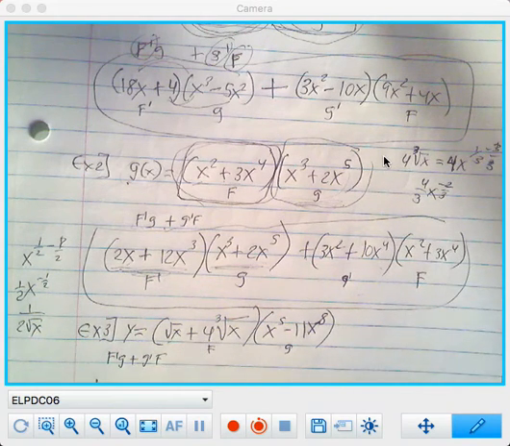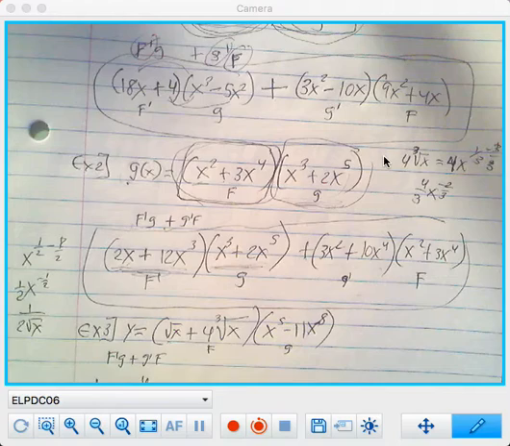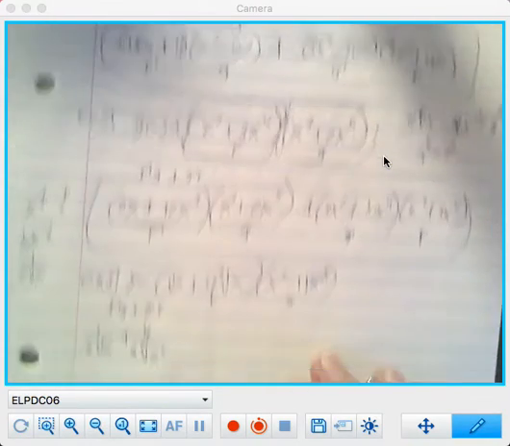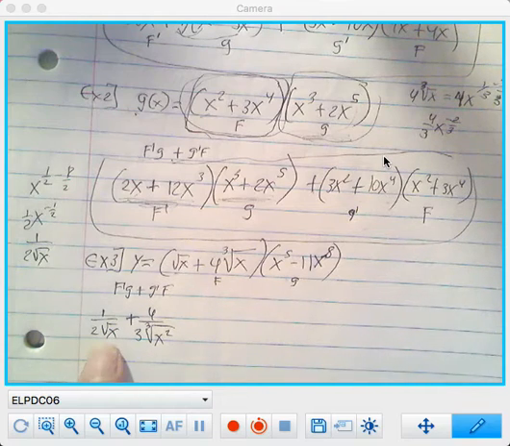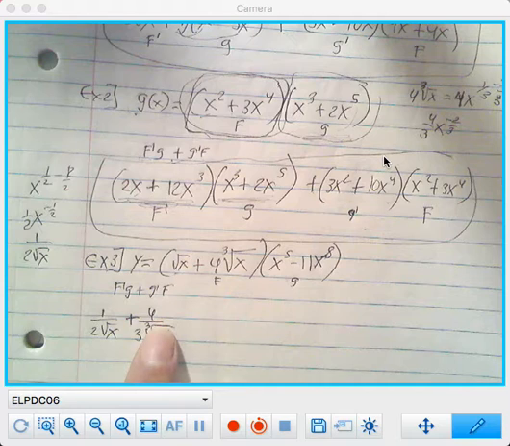So I have a plus 4 over 3, and then you have the cube root of x squared. Oops, you guys didn't see that. Okay, so next to the 1 over 2 square root of x, I put the 4 over 3.